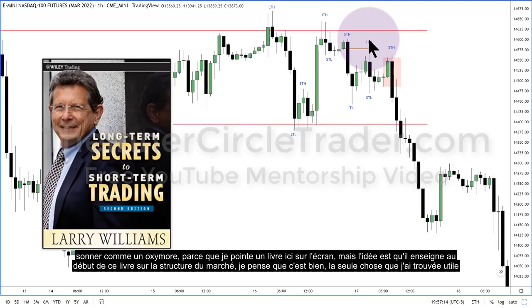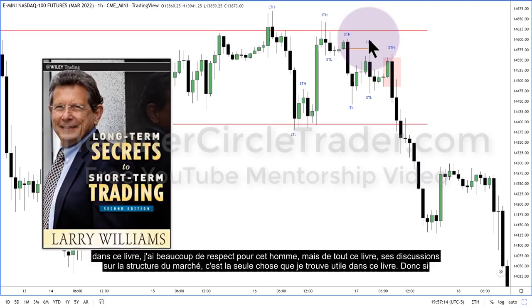Now, that may sound like an oxymoron because I'm pointing to a book right here on the screen, but the ideas that he teaches early in this book about market structure, I think is the only thing that I found useful in that book. I have a lot of respect for this man, but out of that entire book, his discussions about market structure, that's the only thing I find that is useful from that book.